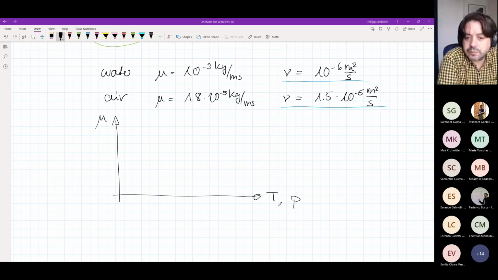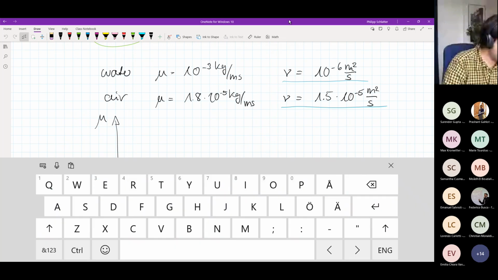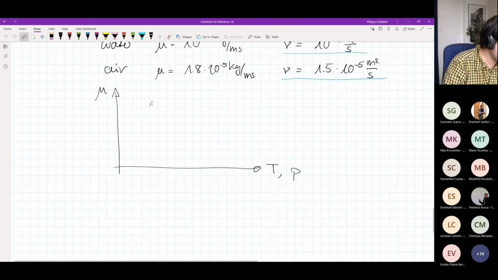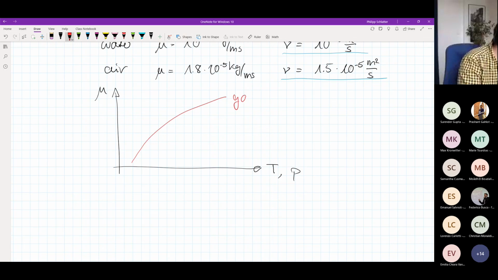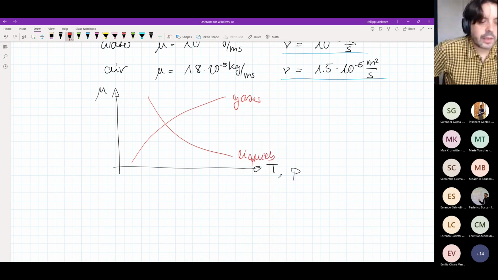And I see now that we have a few answers, and everybody says that the viscosity would go... So what you're saying essentially is that for gases it would look like this, and for liquids it would look like this.